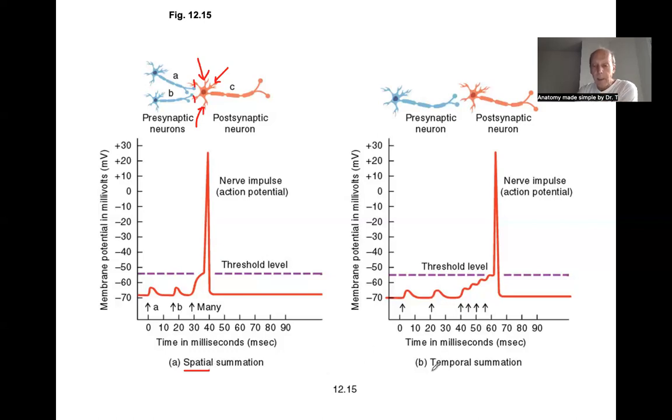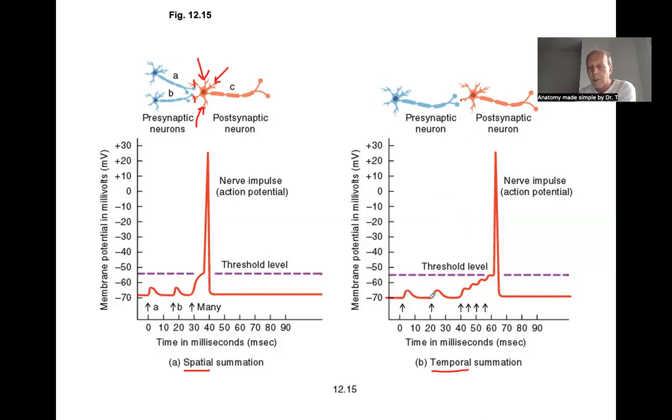Another possibility is temporal summation. I'm not sure if you know the meaning of the term tempo. In Latin, it translates into English as time. So temporal summation between presynaptic and postsynaptic neurons. So let's say this presynaptic neuron just fires randomly at this synapse, and then 10 milliseconds later fires again, and then 10 milliseconds it fires again.